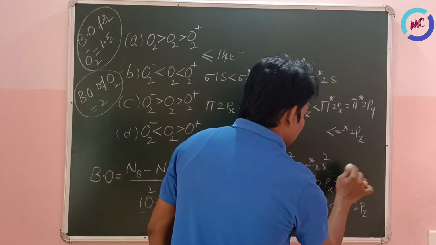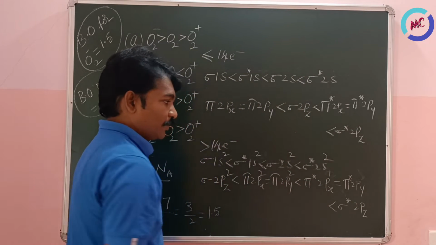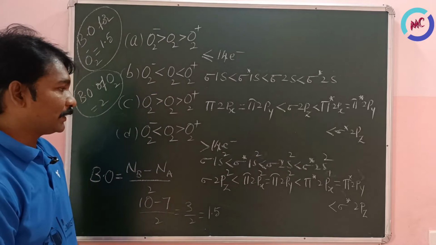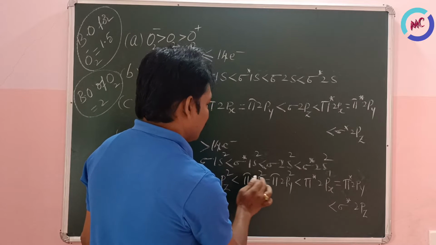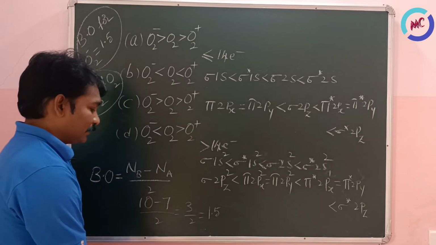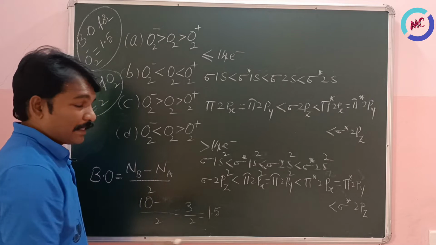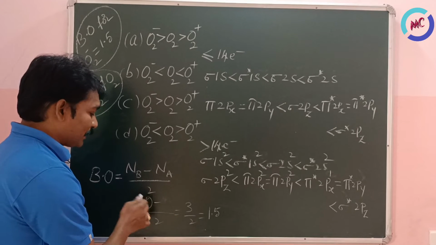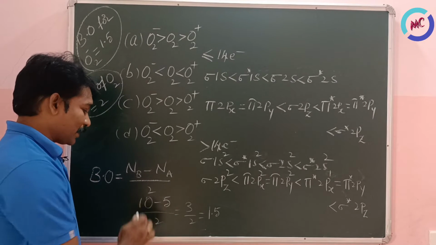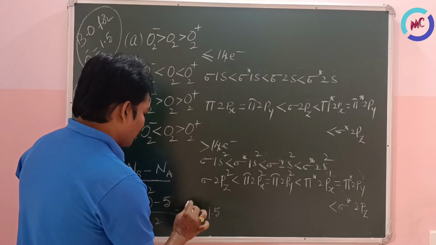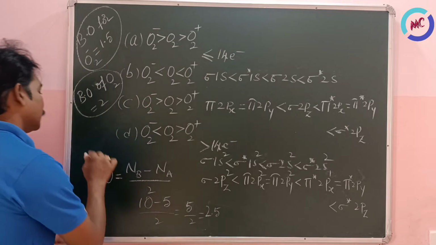Here we have to make 1. 1, 2, 3, 4, 5, 6, 7 twos are 14. 14 plus 1, 15. See here, number of bonding electrons 1, 2, 3, 4, 5. 5 twos are 10. Now 15 electrons are there. Out of 15 electrons, 10 bonding in the sense the remaining are anti-bonding electrons. 10 minus 5 is equal to 5. 5 by 2, that is equal to 2.5.